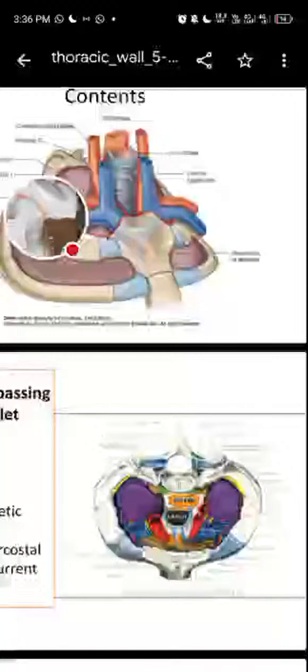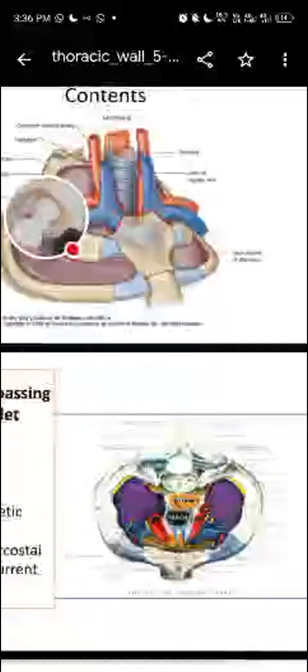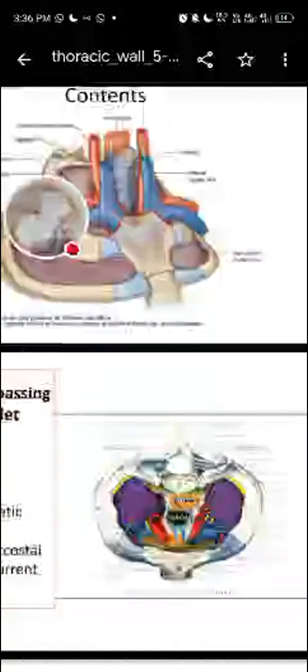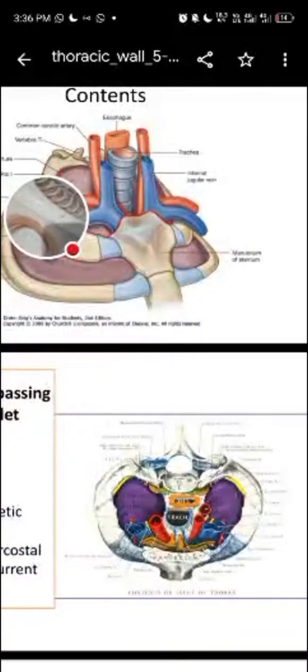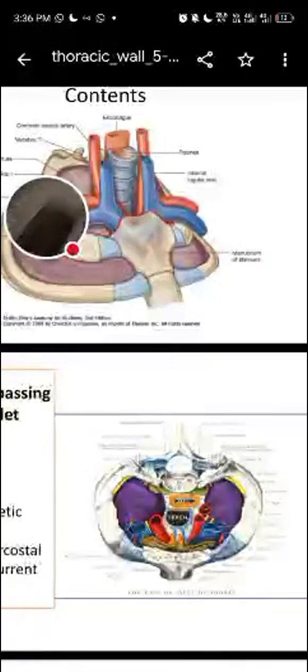We are going to check the nerves. So you see it now? The nerves. Find the nerves here. Intercostal nerves of the thorax. Okay, this is where you find the nerves. So move on.